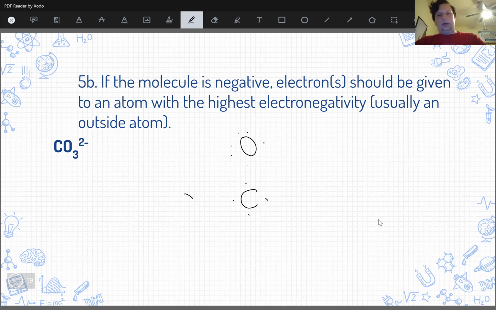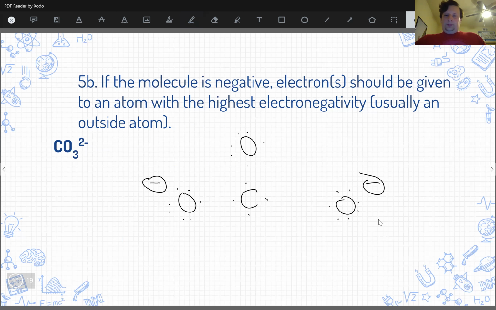But for two of those oxygens, we're actually going to add a negative charge, an extra electron. And so we make a bond there, make a bond there, and then we make two bonds with that one because those have things left over.